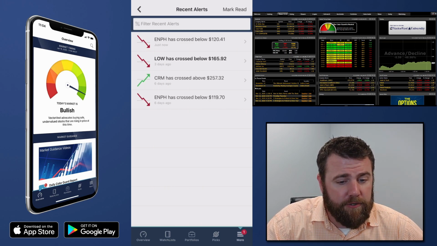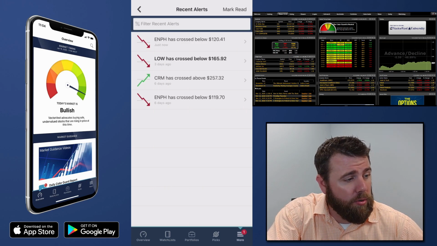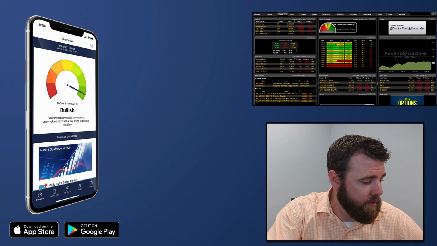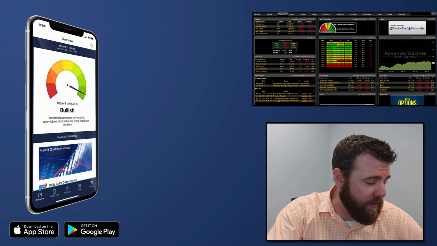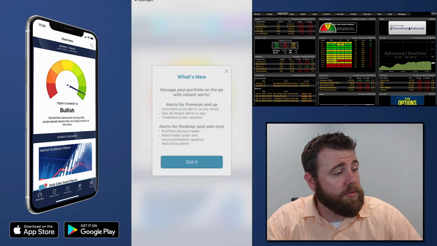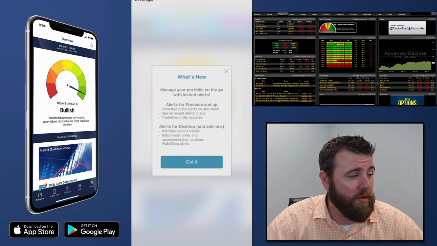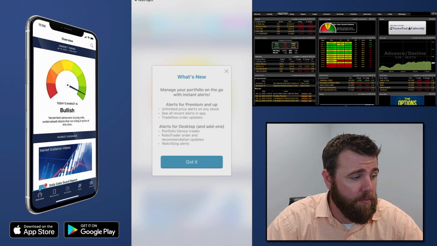Alerts only for price. So Bob, right now alerts are only for the price, just for mobile. Give me 1 second. I'll show you all the updates for right now that's coming. All right. So for premium, unlimited price alerts on any stock. You can see the recent alerts in the app, as we talked about a moment ago.